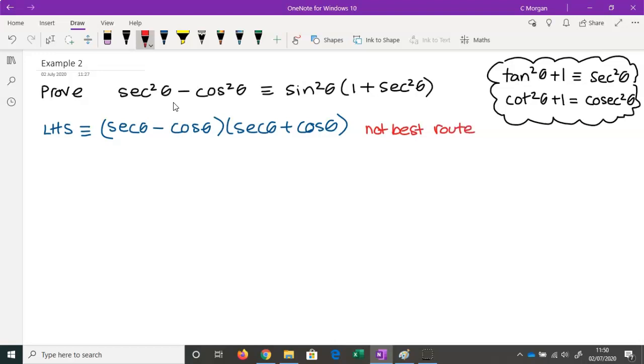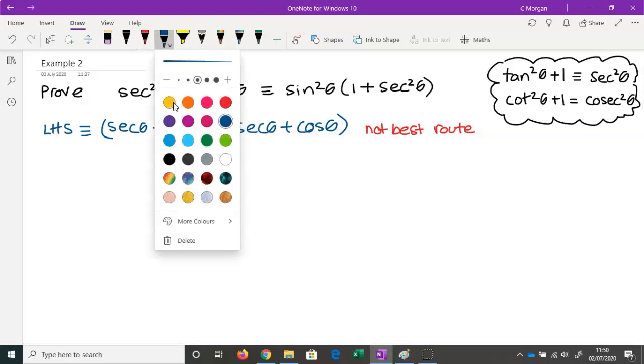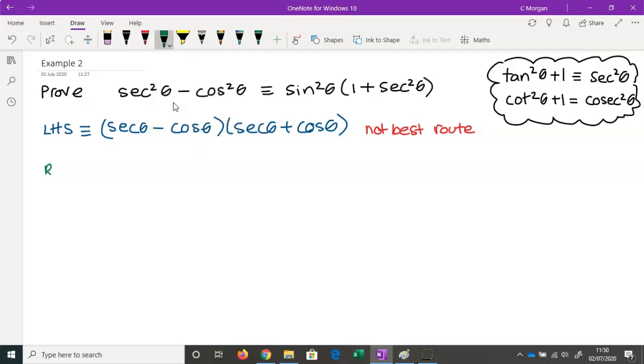So if you think to yourself, I'm not really sure about this, why don't you try working with the other side instead? Now with the right-hand side, there's only one thing I can really do, and that's multiply out the brackets. So if I were to do so, I've got sine squared theta plus sine squared theta sec squared theta. Now I notice that sec squared theta has an identity associated with it.